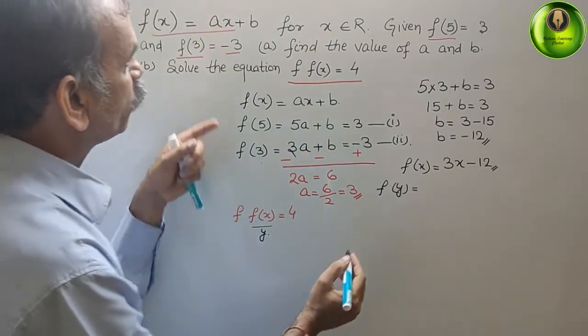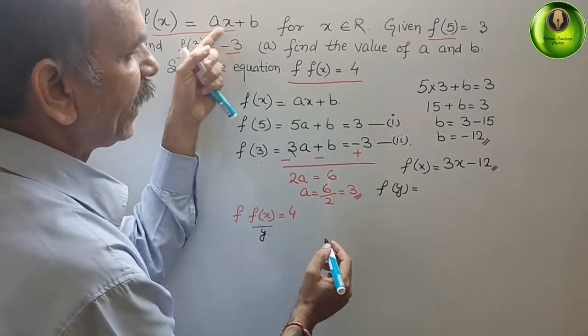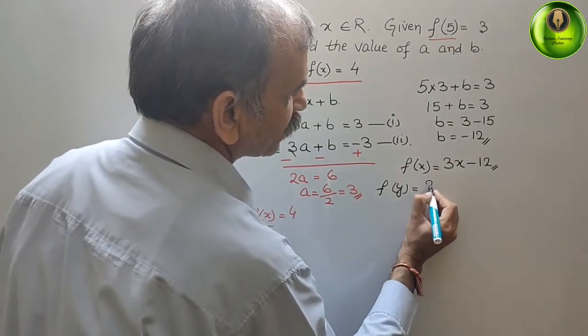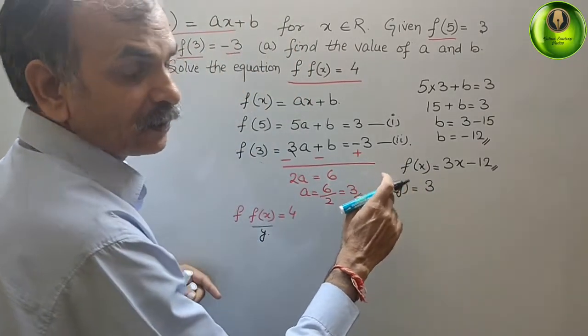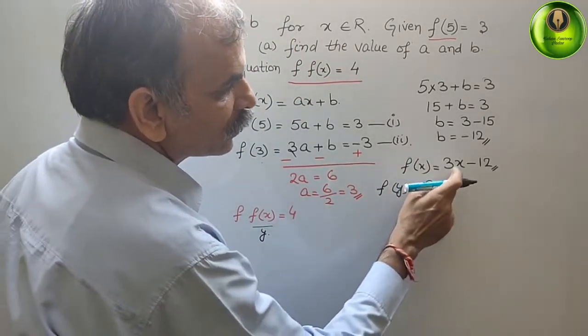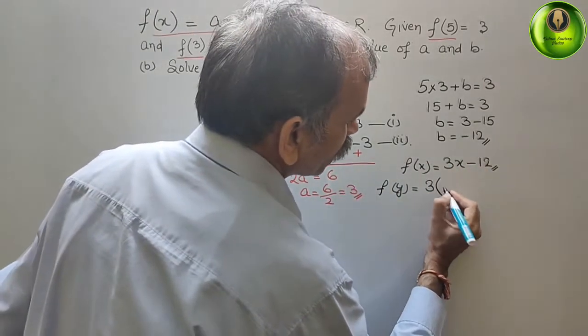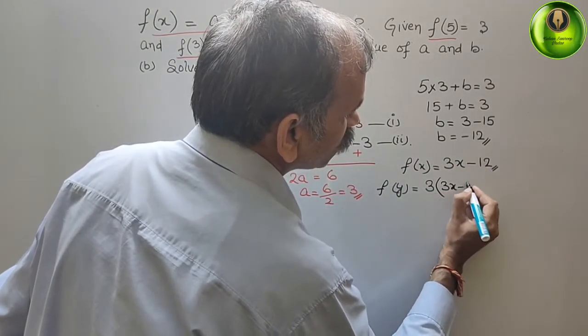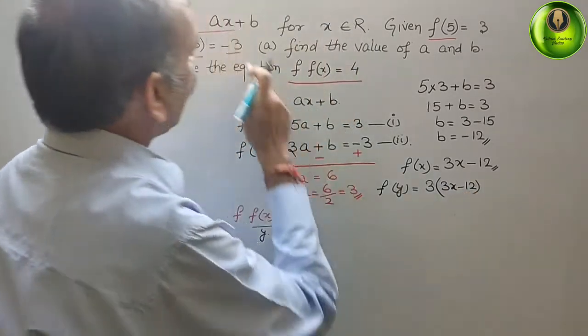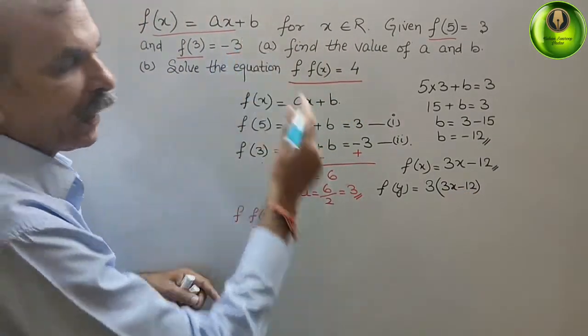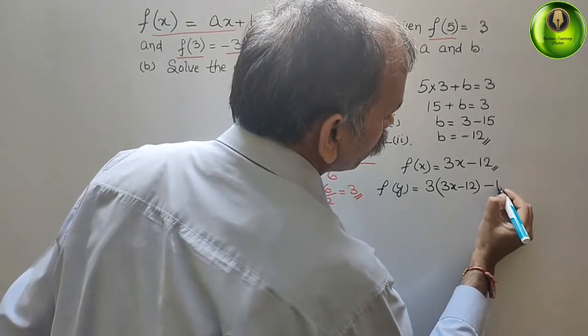So therefore, you will get ax is 3x, and here you have to put this value, that means 3x minus 12, and plus b, that means minus 12.